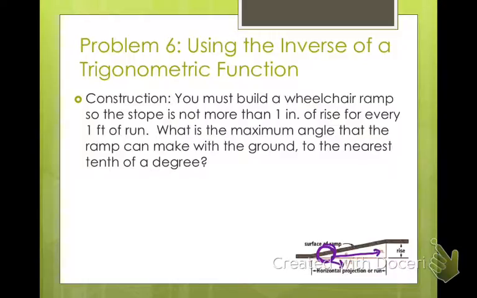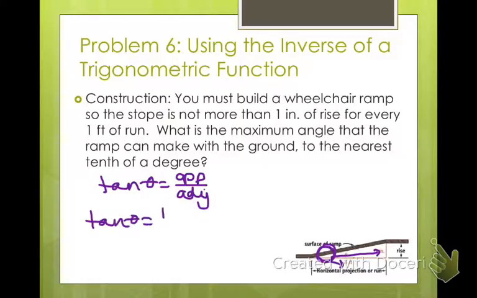So we have opposite over adjacent, so that's tangent. So tangent of theta equals opposite over adjacent. We don't know what our tangent is, but we know we have to put these in same units. So tangent of theta equals 1 inch over 12 inches.